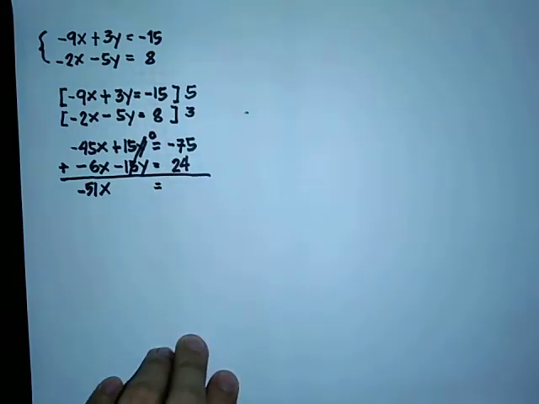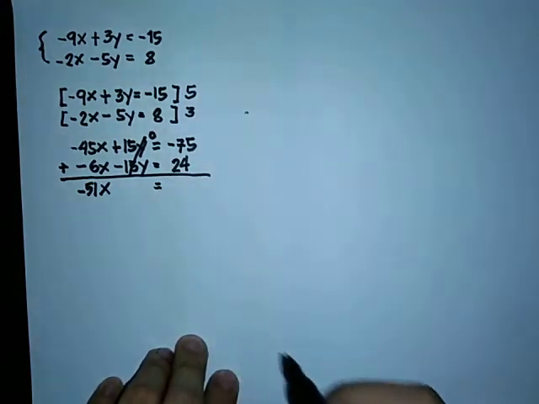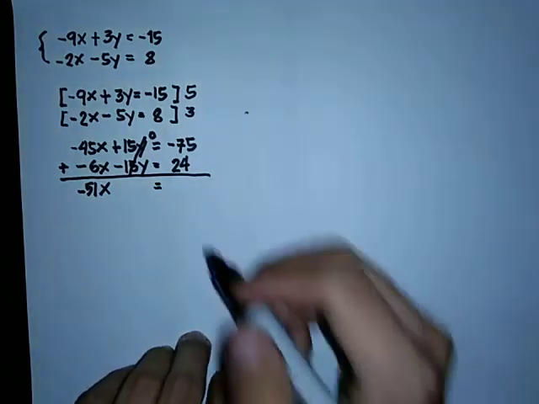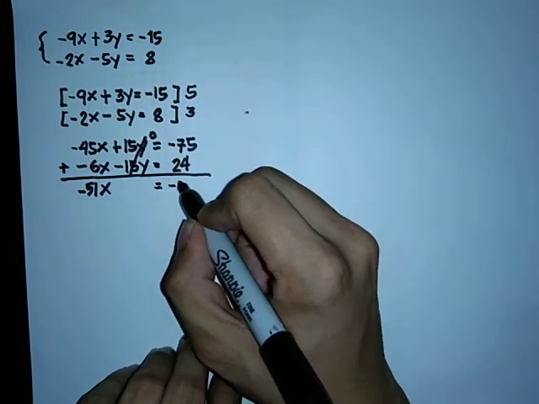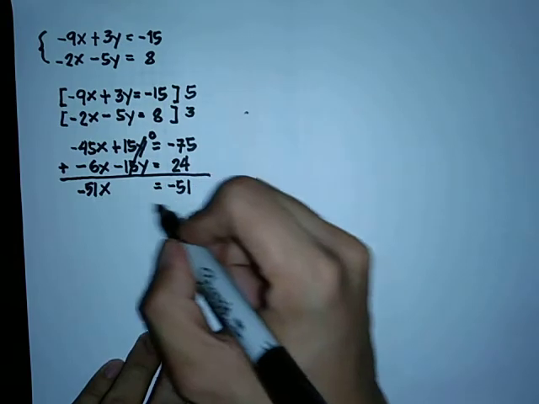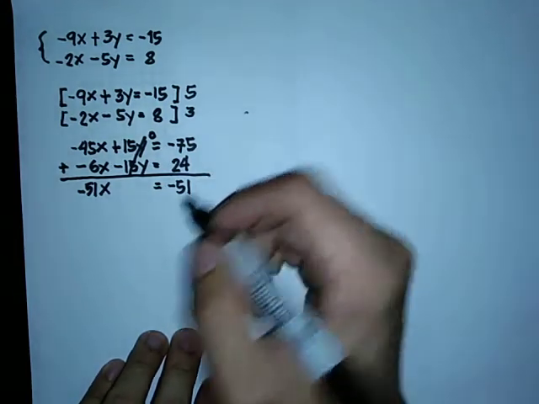And then we have negative 75 plus 24. That is equal to negative 51. So we have negative 51x is equal to negative 51.